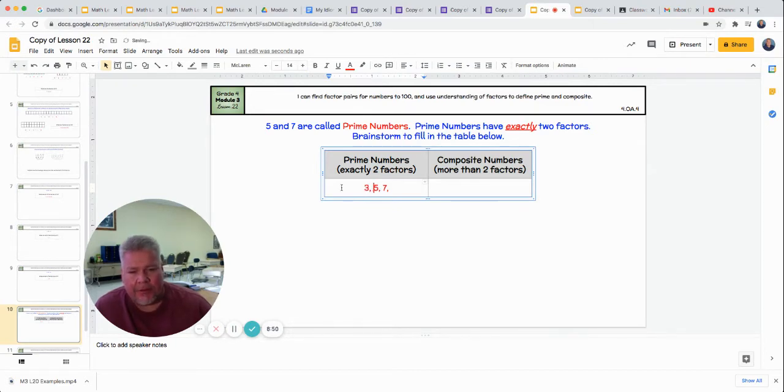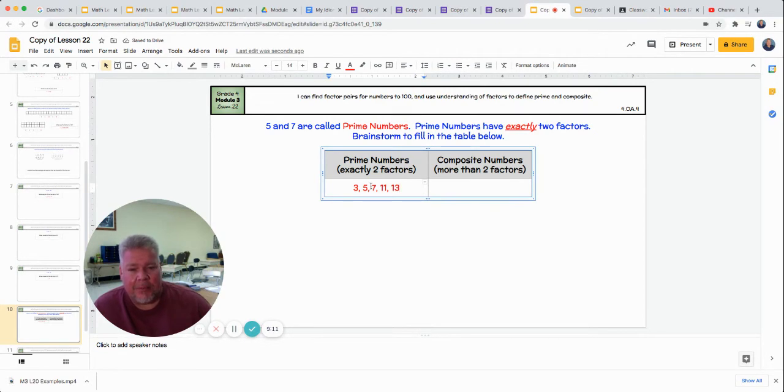Yeah, 3 is a prime number. How about 9? No, we said 9 isn't. 10? No. 11. Yep, that's prime. 12. No, you've got 1 and 12, 2 and 6, 3 and 4. 13. Yeah, that works. Only 1 times 13 gets you 13.